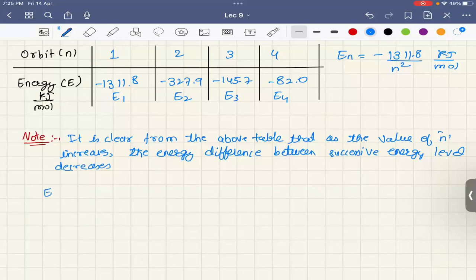That means E2 minus E1 is greater than E3 minus E2, which is greater than E4 minus E3, and so on.